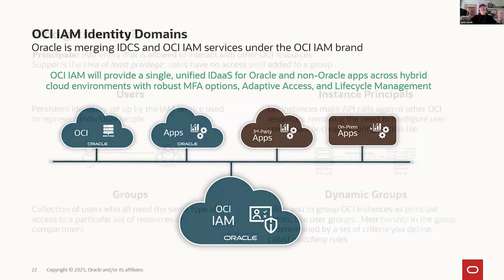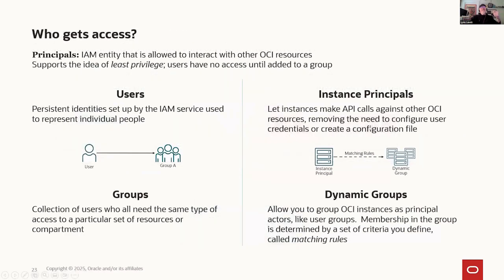And you can go to different clouds as well if you set it up. So you have users belong to groups. And just for completeness, we've also added the concept in this particular slide of instance principals controlling dynamic groups.